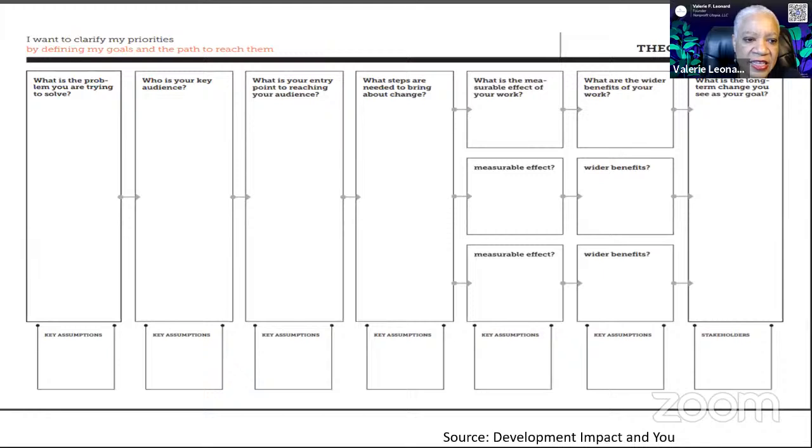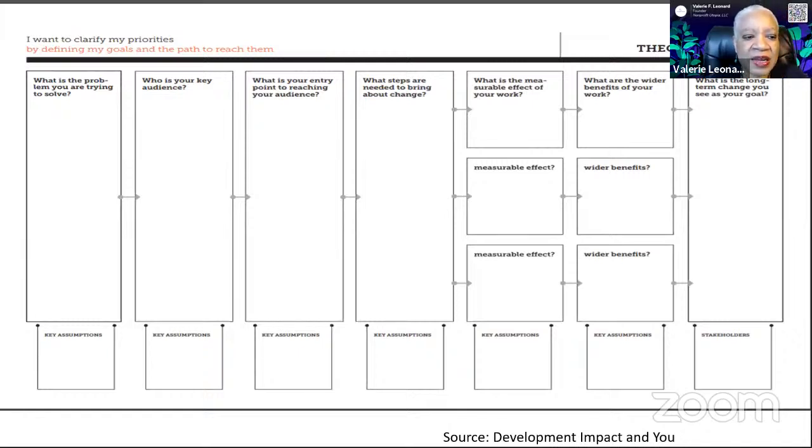But this, I think, is a very simple model, and it helps you to think things through in a logical way. This also can be used to develop your program logic model, which comes after your strategic planning process. So the first question you want to ask after engaging in the community needs assessment process and after identifying the assets to actually solve those so-called problems is, what is the problem you're trying to solve?